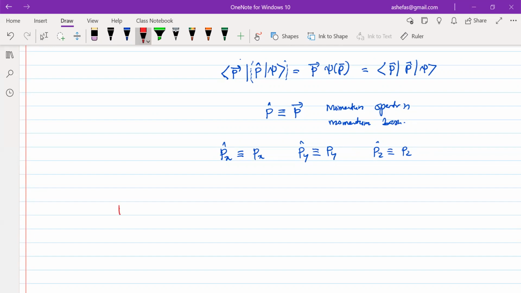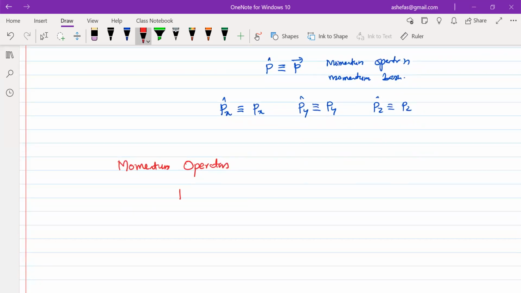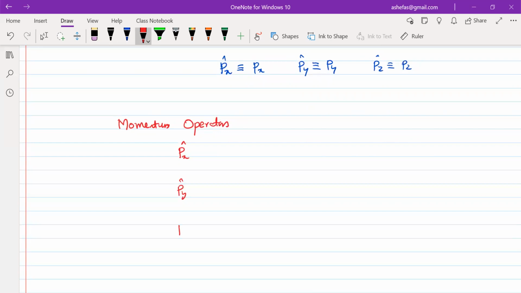So the momentum operators Px, Py, Pz in the position basis and in the momentum basis.